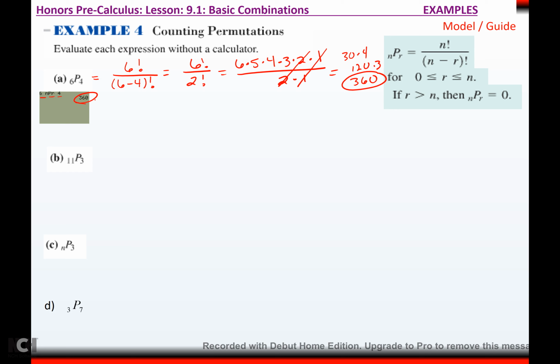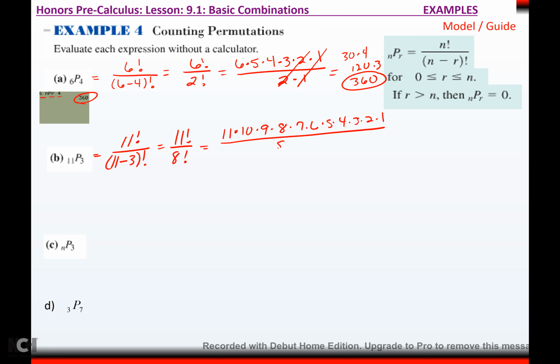So if we look at B, this would say 11 factorial over 11 minus 3 factorial. That's going to be 11 factorial over 8 factorial. Now, this gets a little tedious writing it all out, especially when the numbers get big. This is going to be 11 times 10 times 9 times 8 times 7 times 6 times 5 times 4 times 3 times 2 times 1.